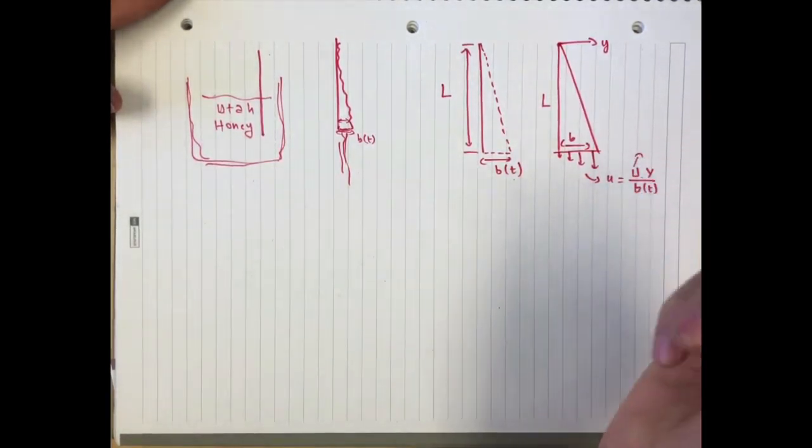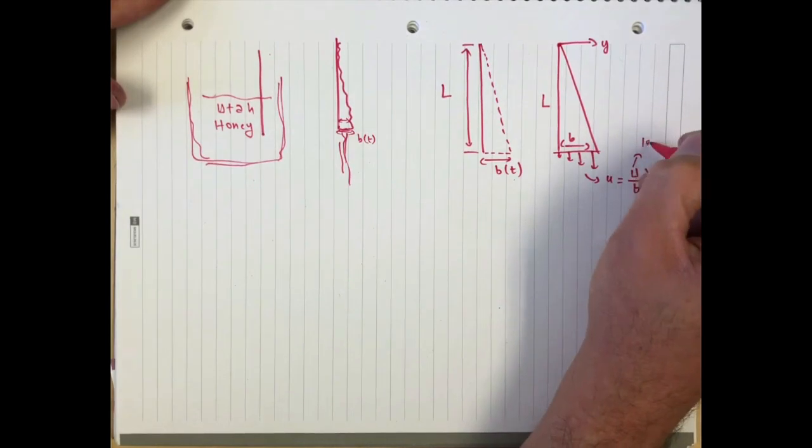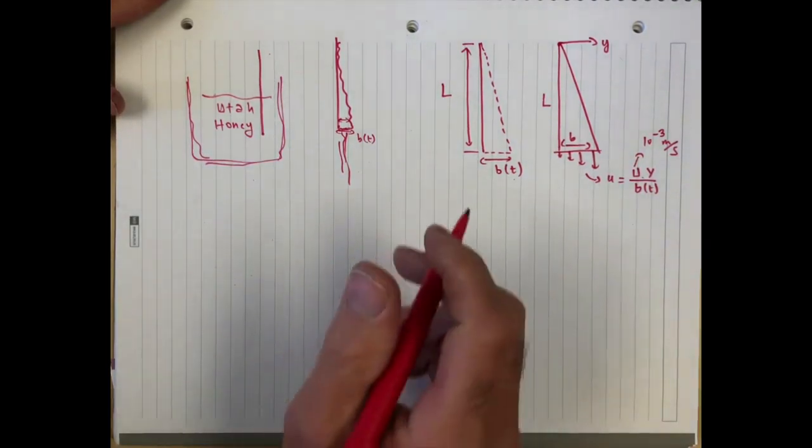The value of u is some constant. Let's say it's about 10 to the minus 3 meter per second.